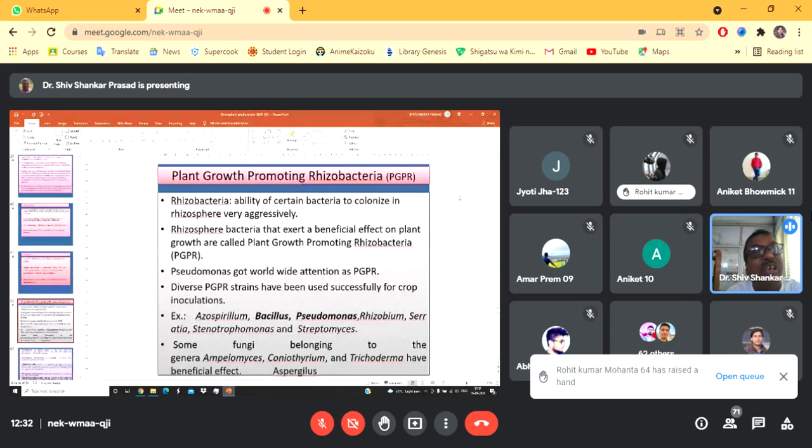They multiply very rapidly in the rhizosphere. But when plants require iron, they supply this iron.